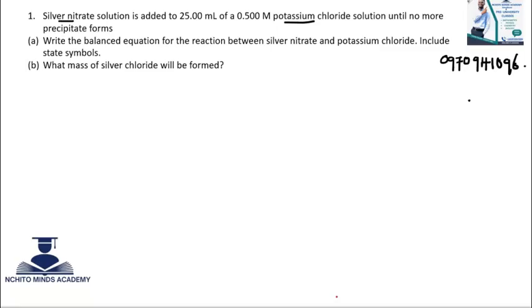include the state symbols. First of all, we should understand that the reaction between two soluble salts, silver nitrate and potassium chloride, these are soluble salts. When two soluble salts react, what you expect to produce is an insoluble salt.